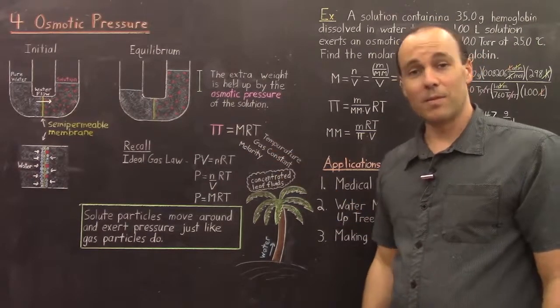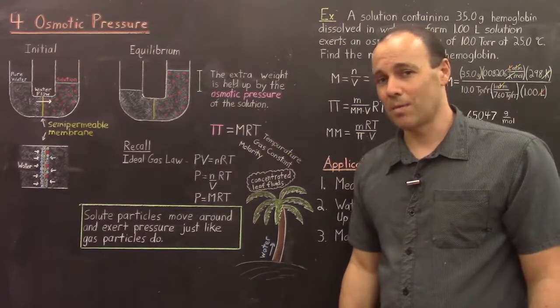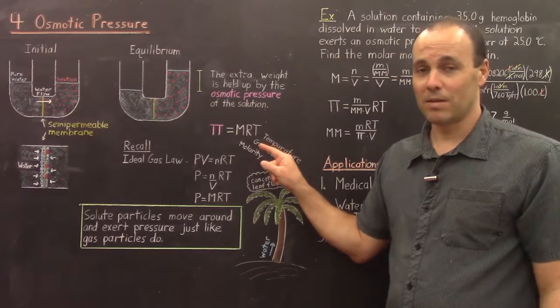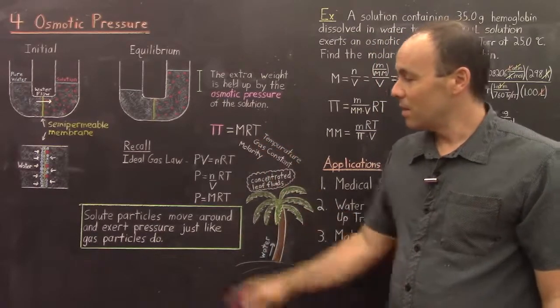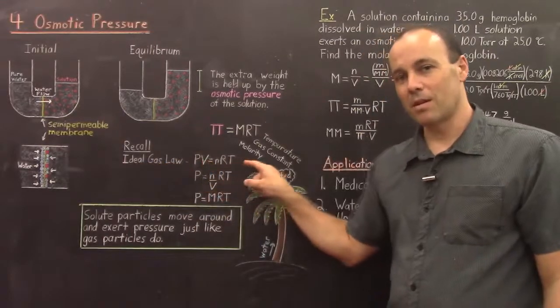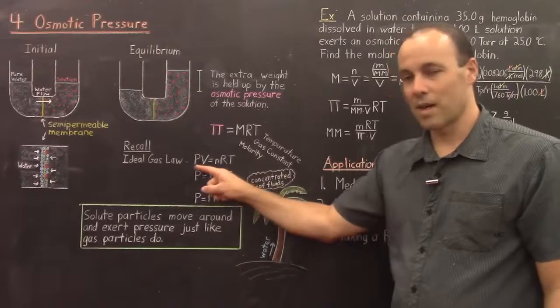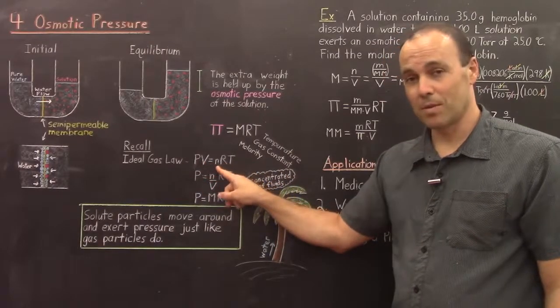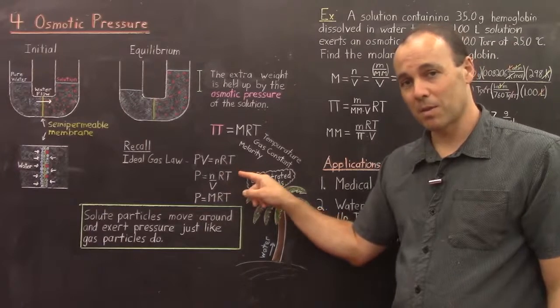Now, if you recall from first semester general chemistry, this equation might look kind of familiar. That's because of the ideal gas law, PV equals nRT: the pressure of a gas times its volume is equal to the number of moles times the gas constant times the temperature.